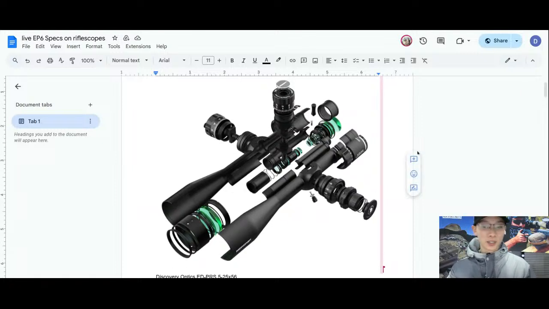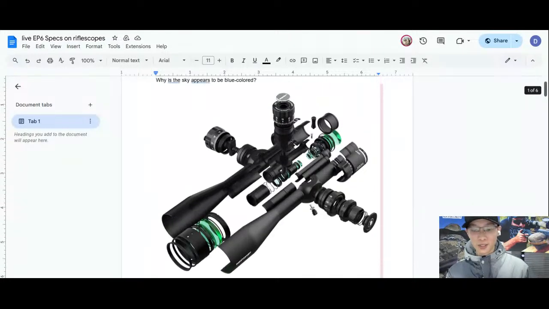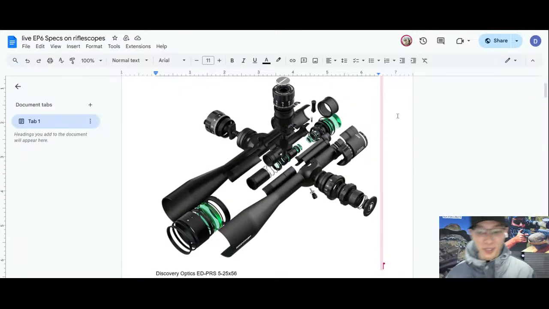Some were good, some were not so great, until I managed to send him one of the new Discovery Optics scopes. He said, okay, this is the time to hop in, and we're going to carry this scope on his website, and that's how things started. He has a lot of other things on his website too, but they are all great products.